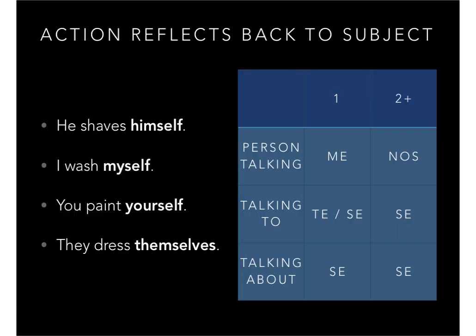In English, we have all of those different forms, so depending on who is talking, who the person's talking to, or who you're talking about, we change in English. So you have myself, himself, yourself, themselves in English. And these are more misused in English than I think a lot of other pronouns.